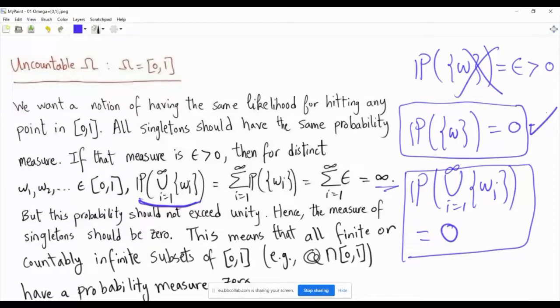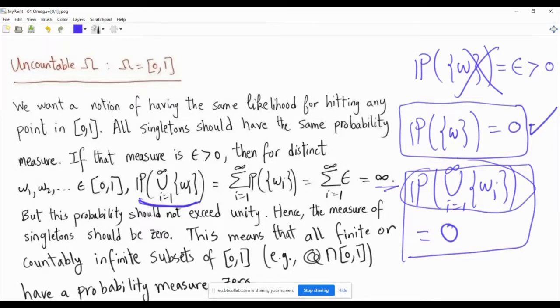You cannot set any open interval in [0, 1] and find it devoid of rational numbers. The rational numbers are in all the intervals you can think of. So yes, despite the fact that the rational numbers are dense, we still have probability 0 for the rationals. Actually, this is a more general statement: if you take any countably infinite subset of big omega, its probability will be 0.